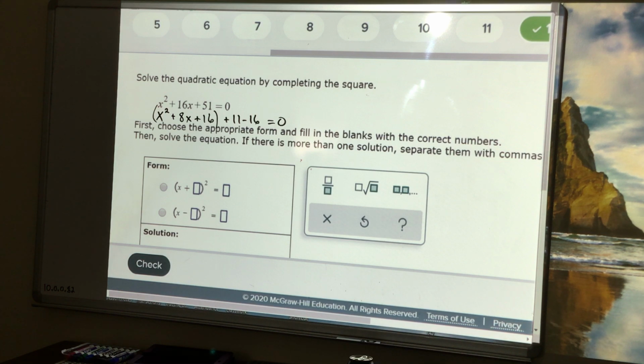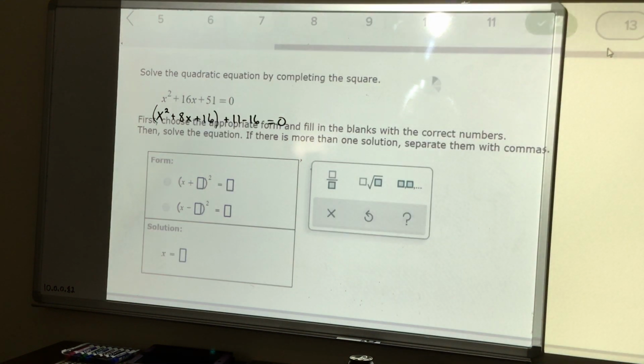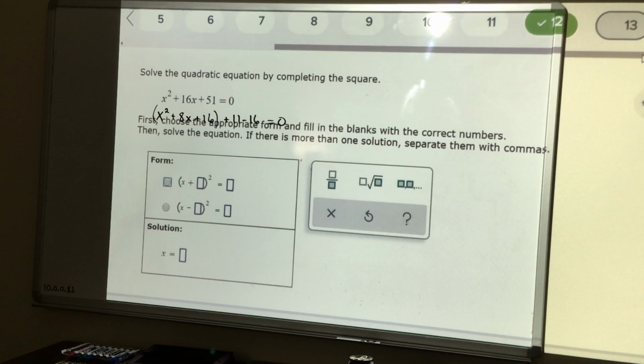This is number 12. Number 12 says decimal answers. I'm not sure why it's not letting me go to number 13. Ah, there it is, number 13.